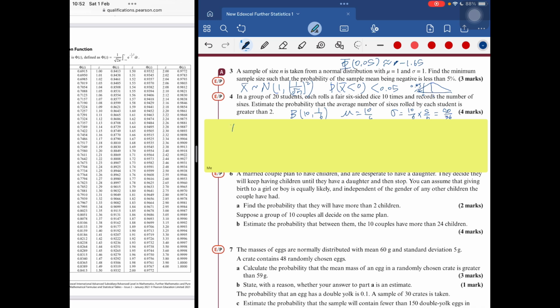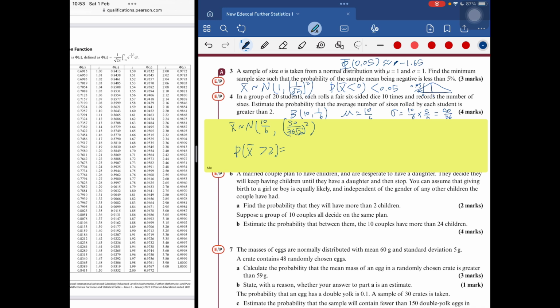So now X bar is following, now we have 20 samples about it, X bar is following a normal distribution, 10 over 6, comma, 50 over 36 over square root 20, squared. And we want to know the probability X bar is greater than 2.